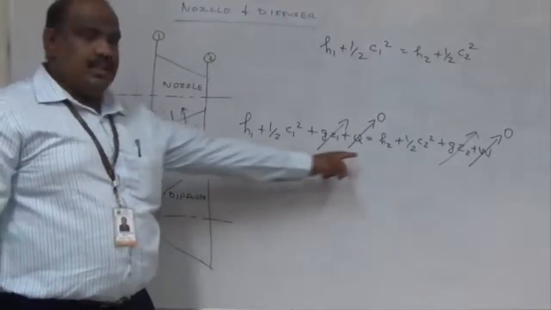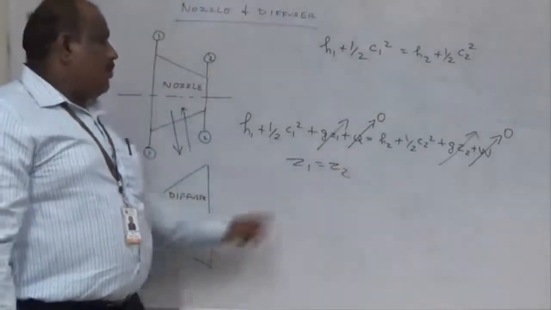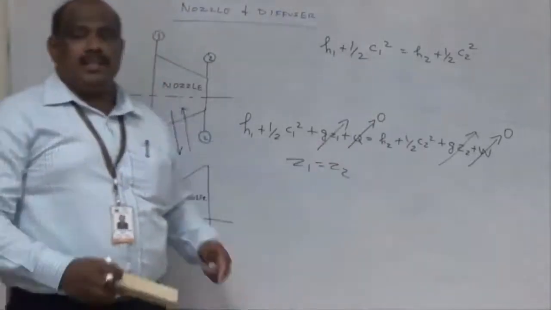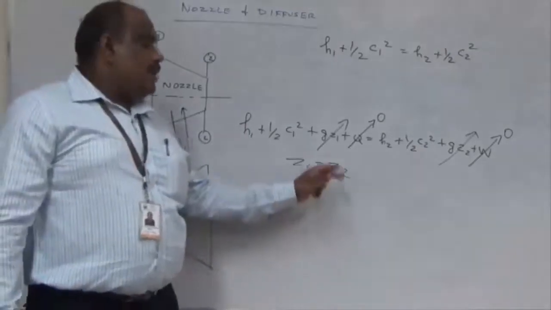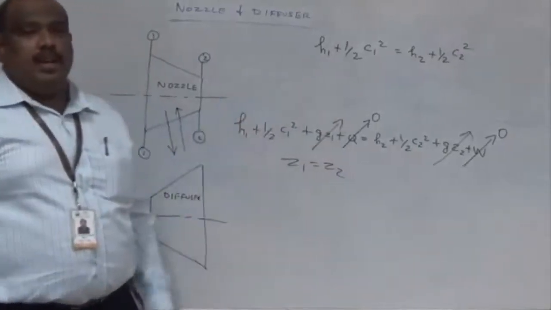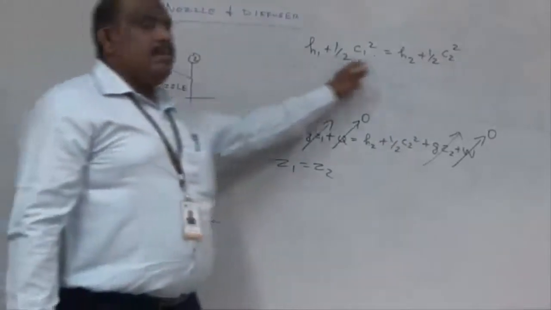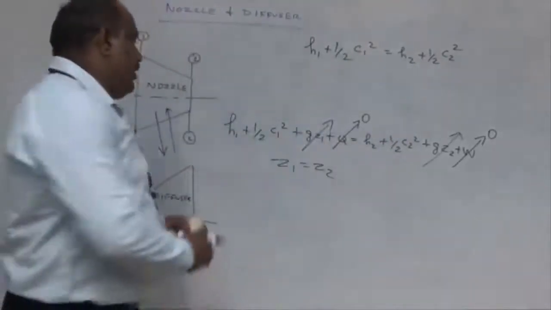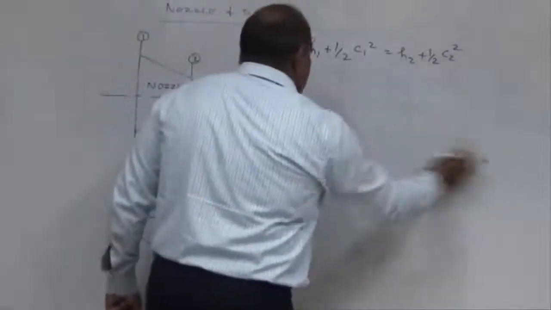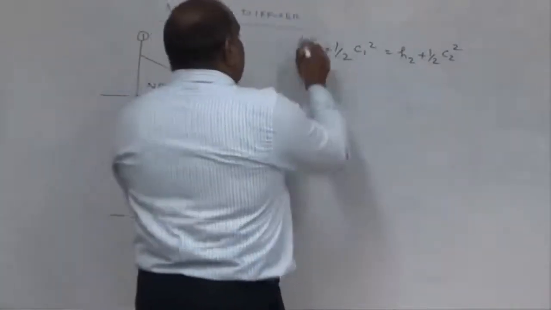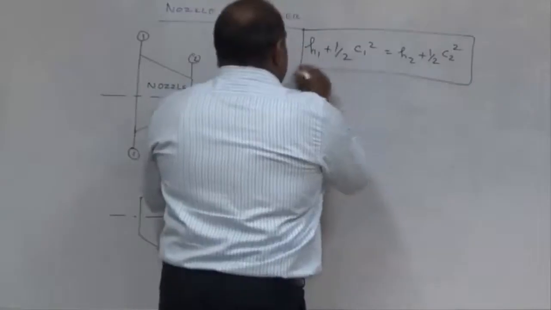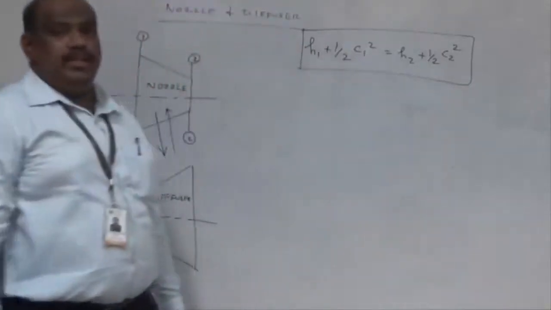What about the heat loss? 0. What about Z1 and Z2? Let us assume both are the same, so Z1 equals Z2. So what about the expression? The same expression. So the expression for the nozzle and the diffuser remains the same up to here. There is no difference between the nozzle and diffuser up to this particular point, so this formula is applicable to both nozzle and diffuser.